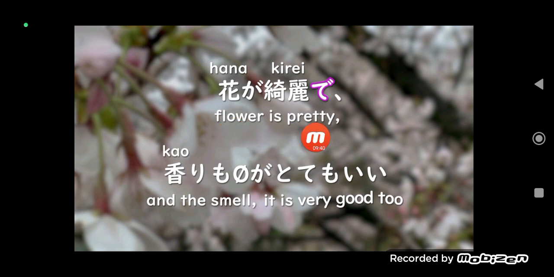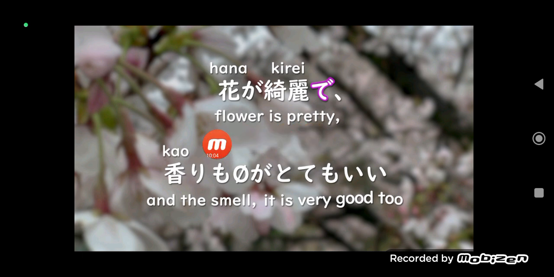Hana ga kirei de. So this is another SLVC type of sentence, but an emphasis is put in this SLVC type of sentence. So we use the ga to put an emphasis. Hana ga kirei de. Kirei is pretty.